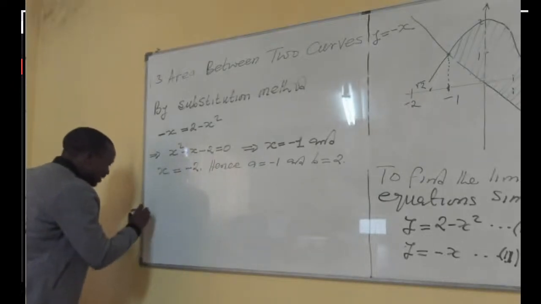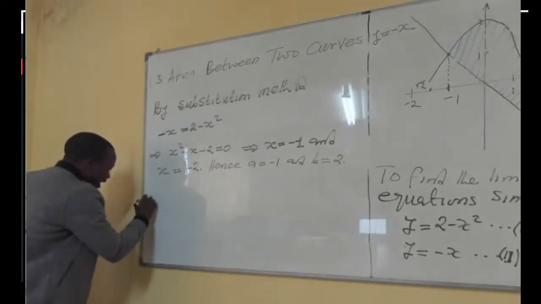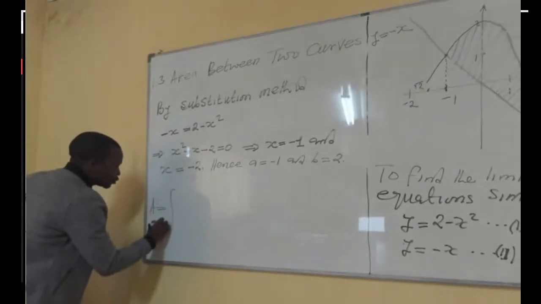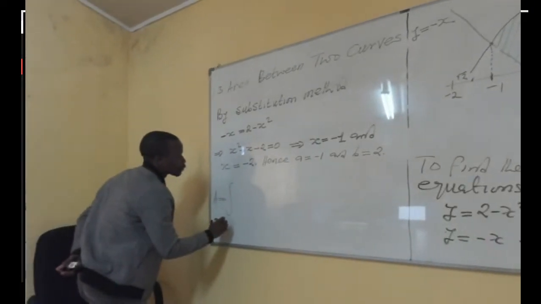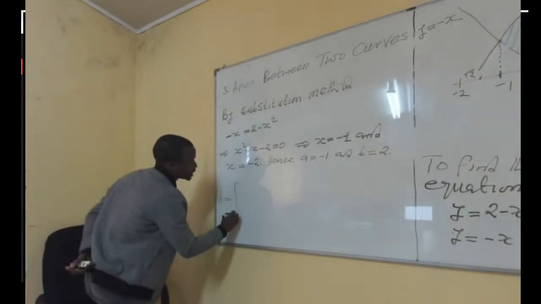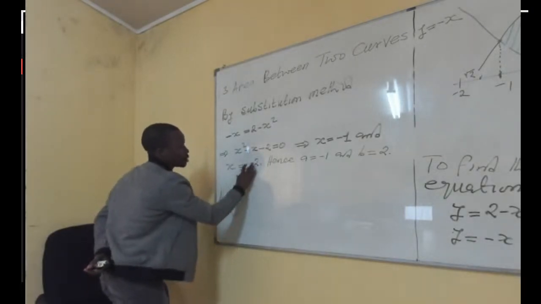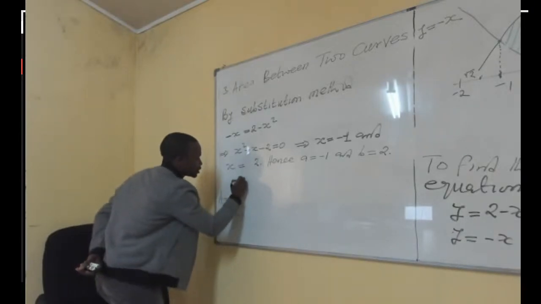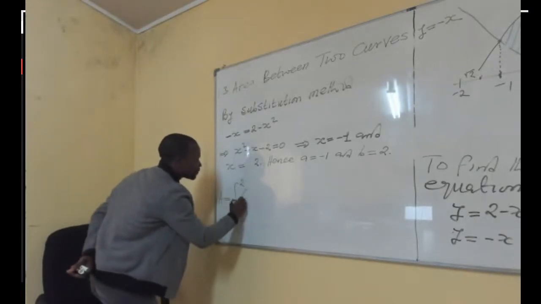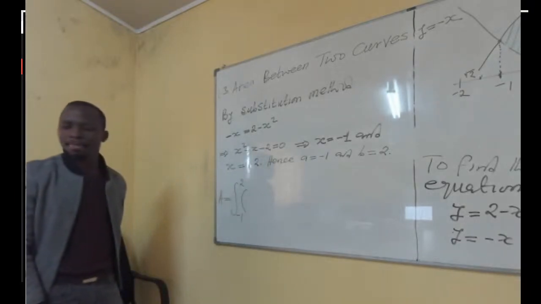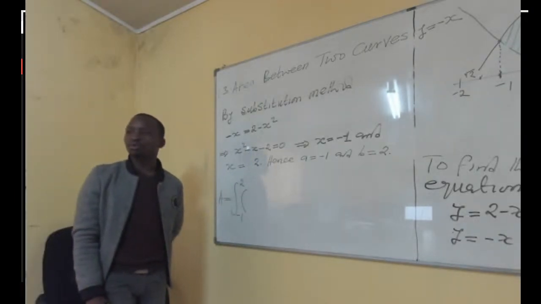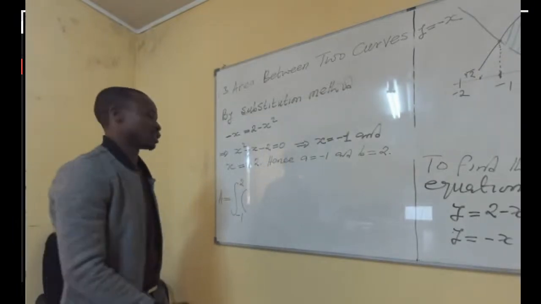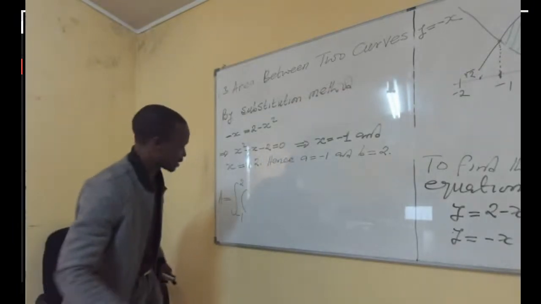So in this case, the shaded area is just equal to the integral from point A, which is negative 1, to point B, which is 2, of, okay, now I would wish you to split this in advance, because even if we try to do it step by step, it's one and the same thing.